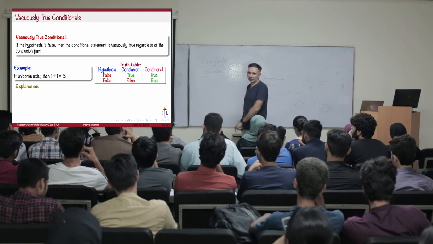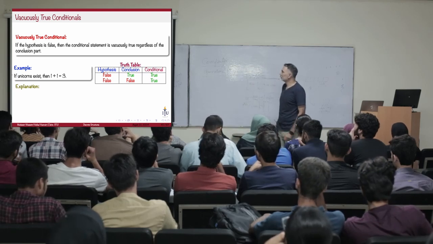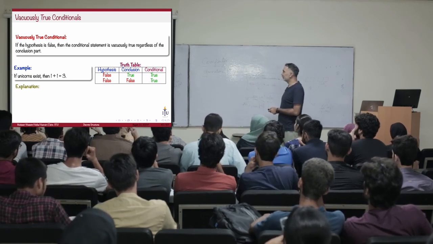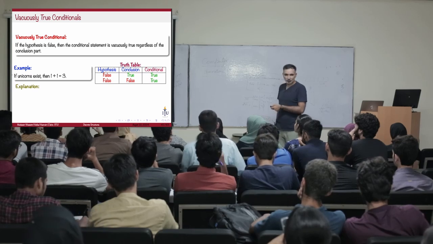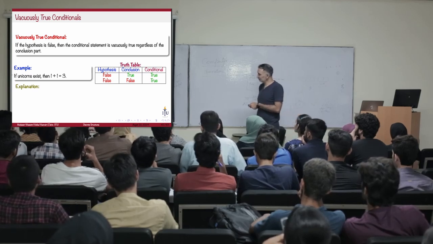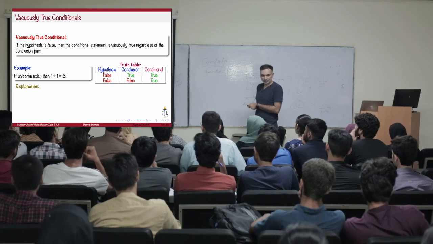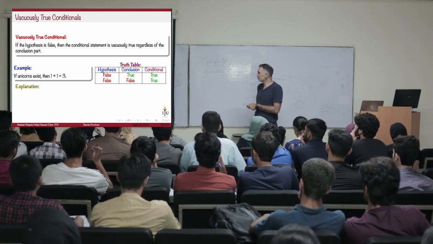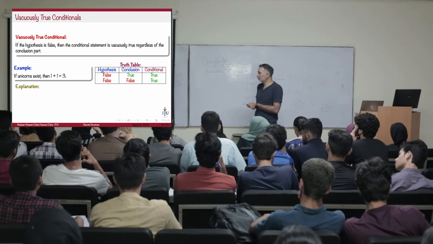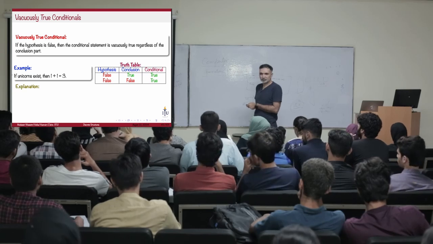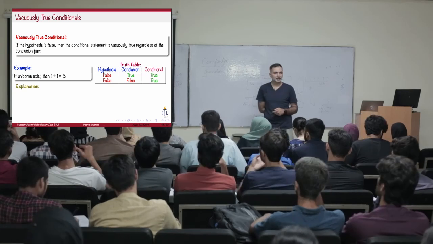Okay, that's what it's saying. So here's an example. It says that if unicorns exist, then 1 plus 1 is 3. This statement is true vacuously because unicorns don't exist. If unicorns don't exist, then there's no given कि ये वाली चीज़ true होनी चाहिए या नहीं होनी चाहिए. What do you guys think?